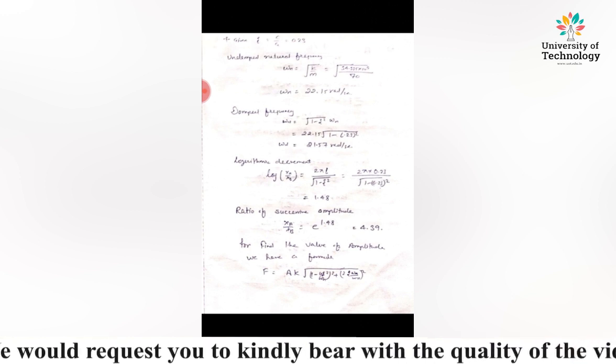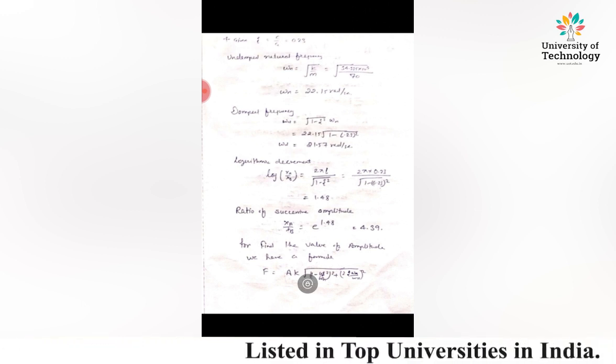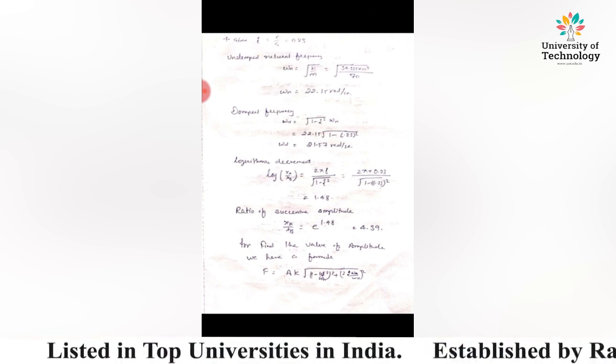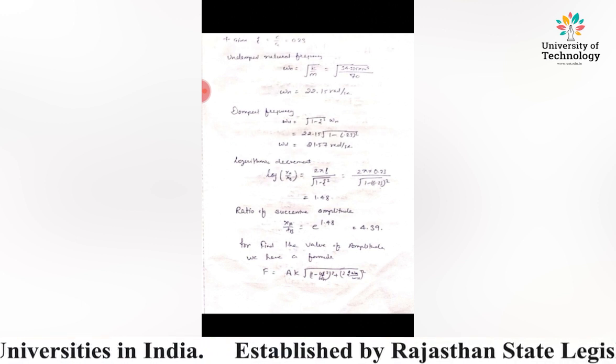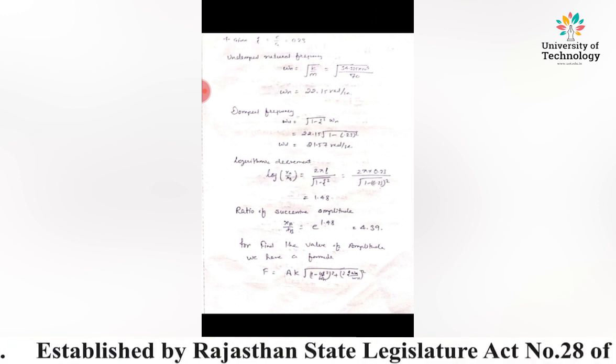And in the question, the value of zeta, that is the damping factor, is given is equal to 0.23, or zeta is equal to c by cc is equal to 0.23.